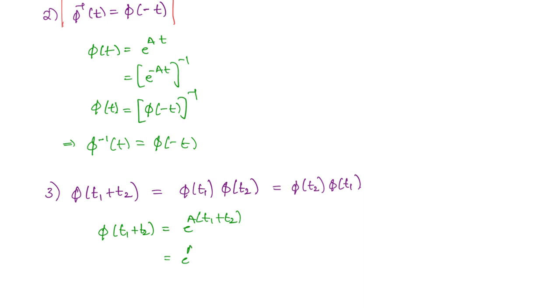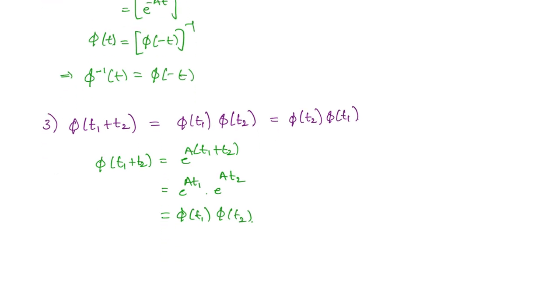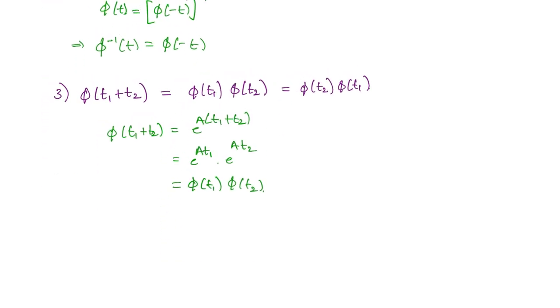This you can write as e to the power A t1 into e to the power A t2. So you get phi of t1 into phi of t2. Similarly, if you write t2 plus t1, you get phi of t2 into phi of t1. So you can see that in this case it is indeed commutative. This is the third property.